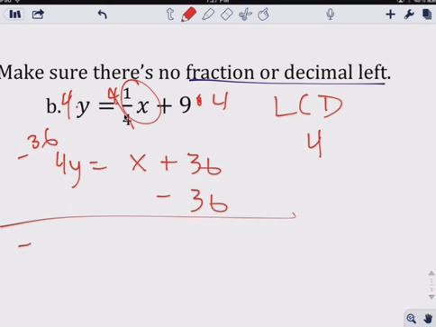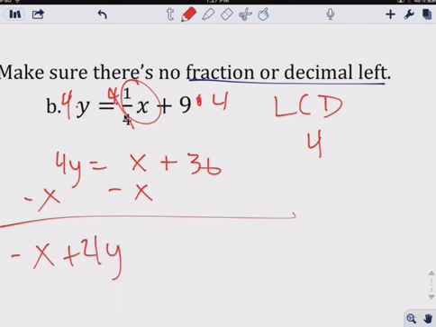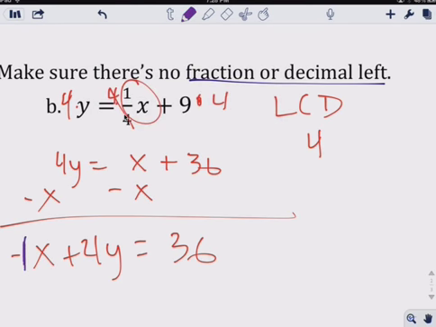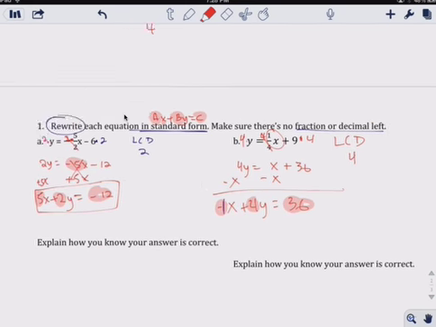What am I doing? Oh, I'm getting tired. This is a sign where I fell asleep. Sorry, guys. Minus x, minus x. That gives you negative x plus 4y equals 36. And remember, there is the invisible 1 here. That's why it's ax plus by equals c. Okay?